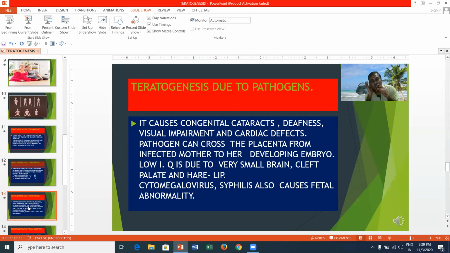It also causes congenital cataracts, deafness, visual impairment, and cardiac defects. The pathogen can cross the placenta from the infected mother to her developing embryo. It also causes low IQ, that is intelligence quotient, due to a very small brain, cleft palate and hair lip. Cytomegalovirus and syphilis also cause fetal abnormality.